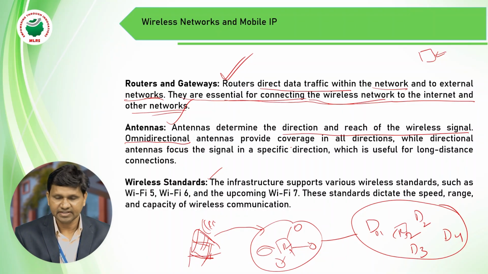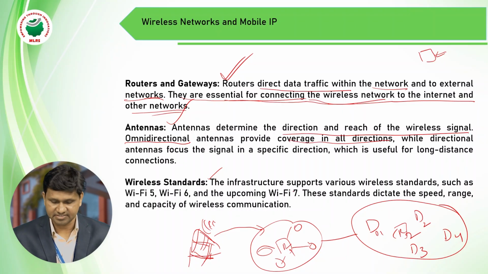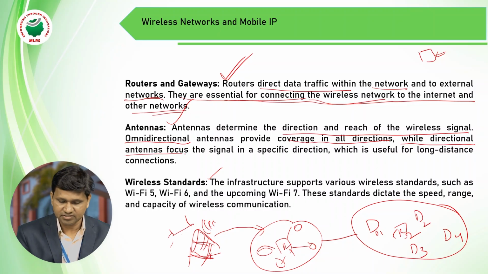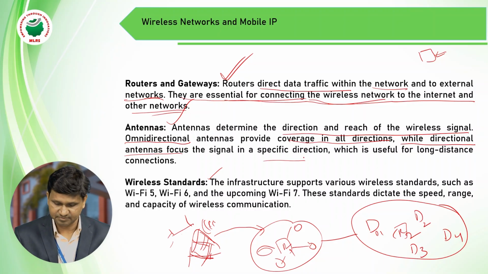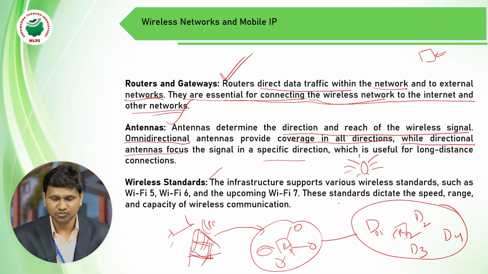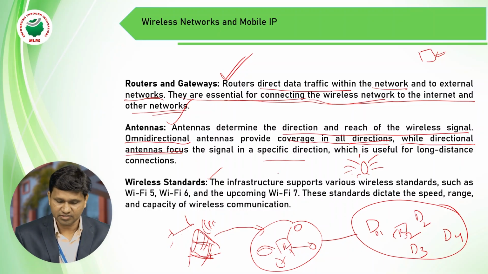Omnidirectional antennas provide coverage in all directions, so signals may pass throughout the area. Directional antennas focus the signal in a specific direction.